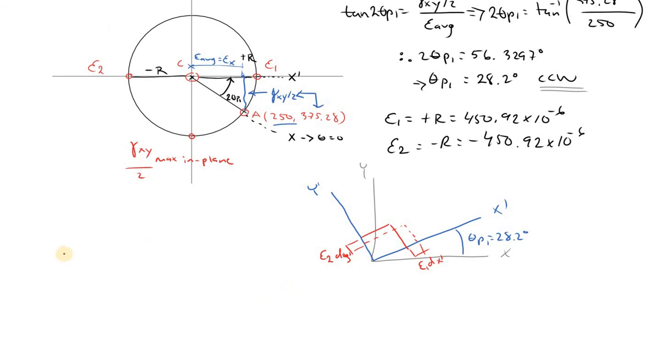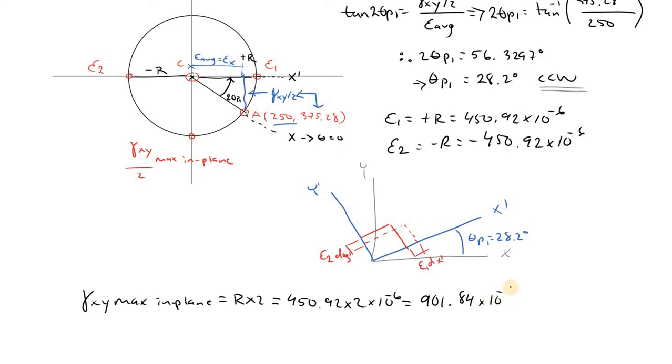Which means that when we want to find our max, we can't just say that it's the radius, it's actually radius times 2, which gives us 450.92 times 2 times 10 to the negative 6, which is 901.84 times 10 to the negative 6.